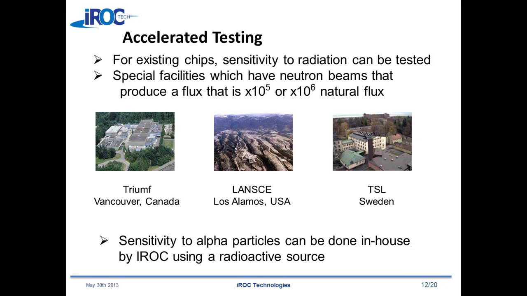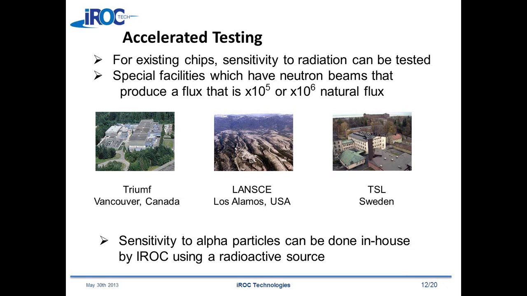You can design a test where you put your chip, or perhaps several instances of your chip, into that beam, and you observe the effects. You'll obviously see a very large number of soft errors in that kind of environment, but you can scale back the results to normal environmental Earth conditions and see how your chip will actually behave.